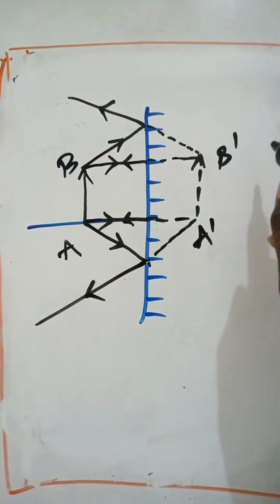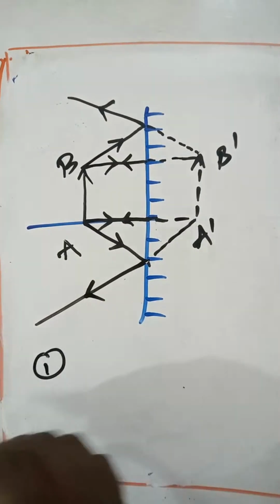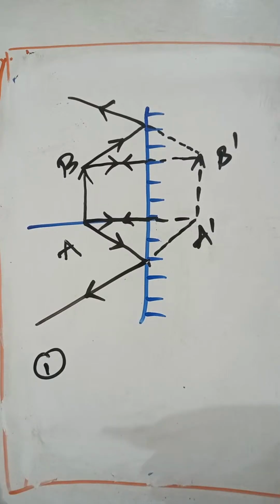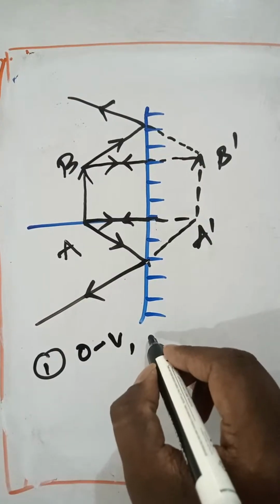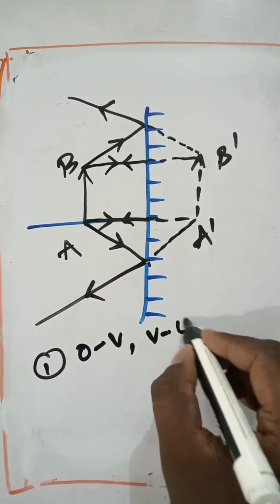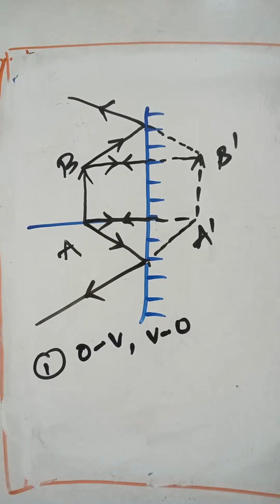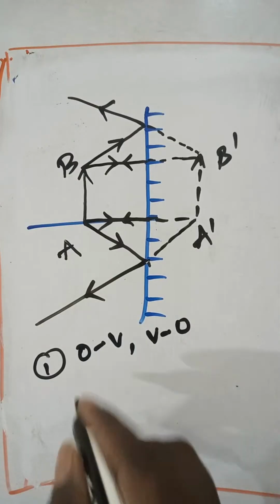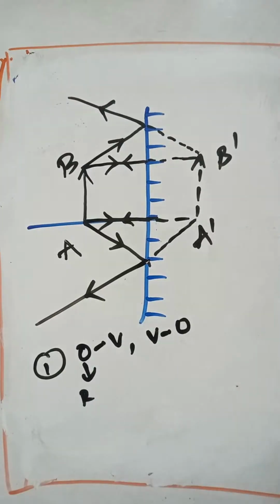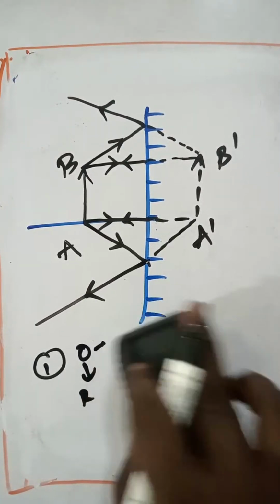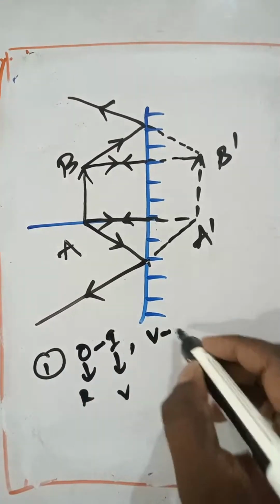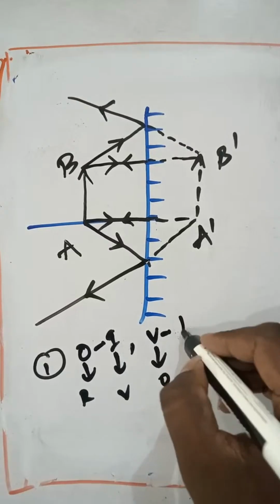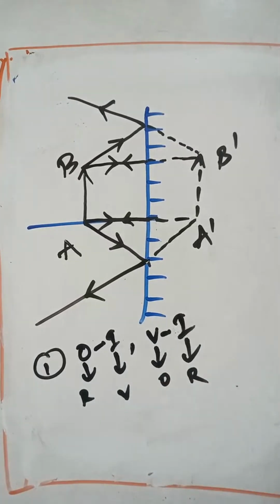First point: in this case the object is real, the image is virtual. Object is real, image is virtual; object is virtual, image is real, vice versa.